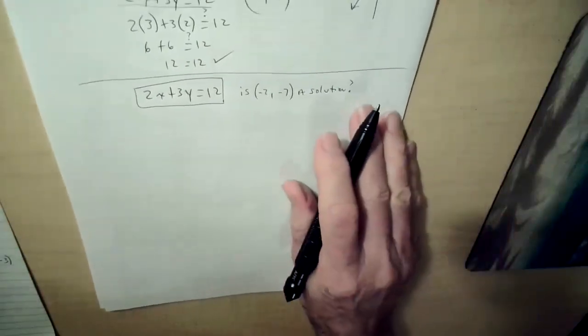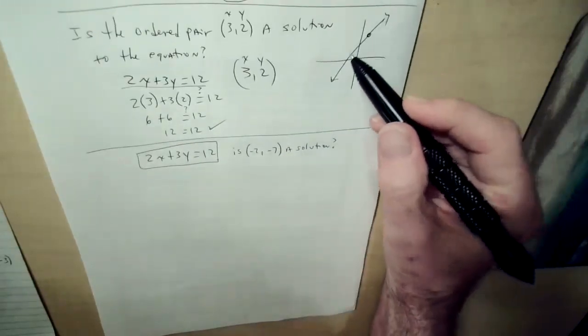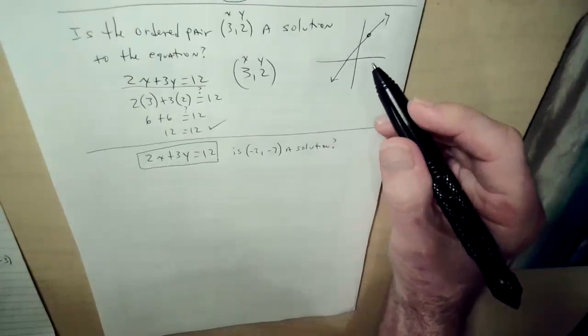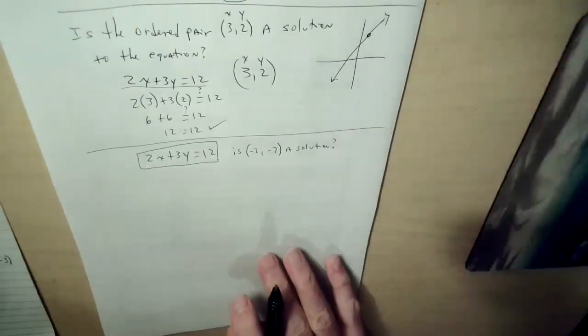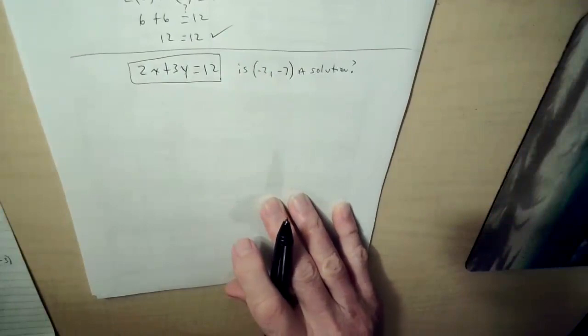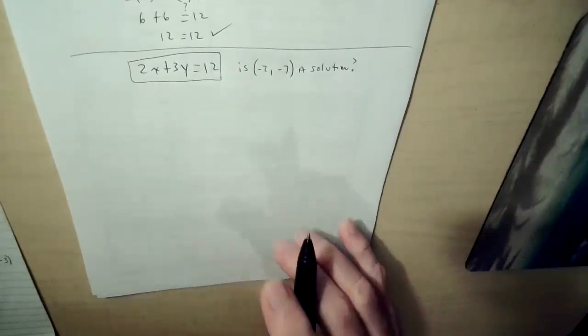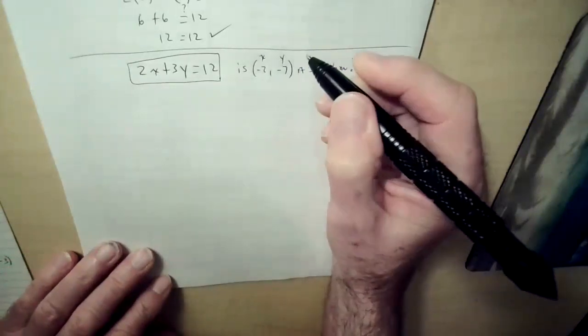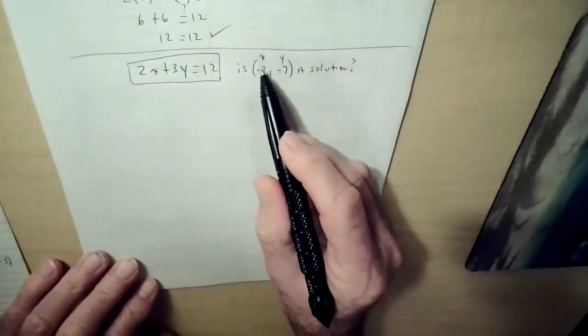Can you have more than one solution? Absolutely. How many points are there on this line? An infinite number, because this line goes on forever. So again, this one's x, this one's y.